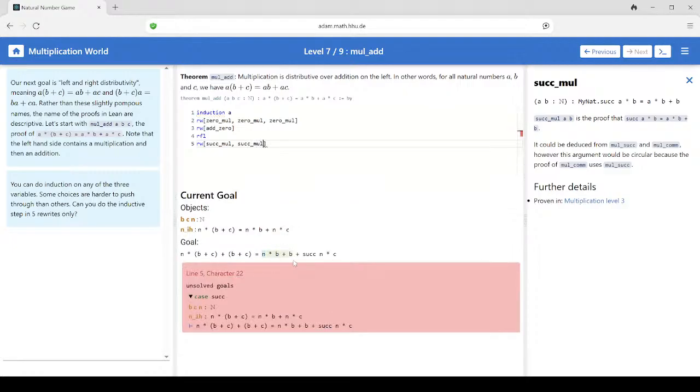Yeah, n times b plus b. And then if we did this last one, it would turn the successor of n times c into n times c plus c.